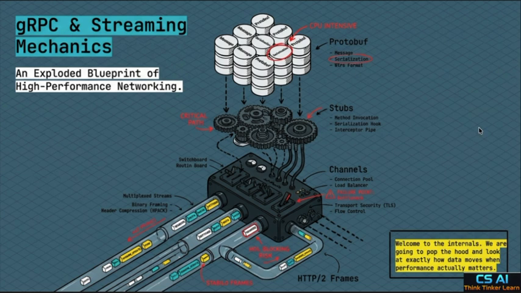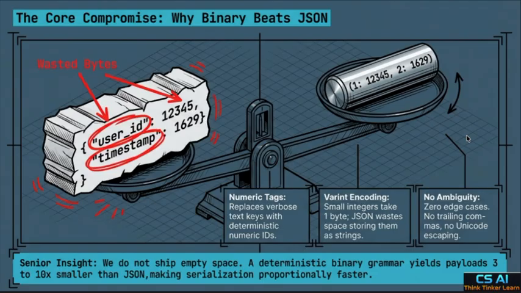So let's get under the hood for gRPC. The core reason gRPC is so performant is it has moved from text to binary. In a standard REST API, we waste bytes on verbose text keys like user ID, timestamp, and so on. gRPC uses Protobuf, which replaces these with deterministic numeric tags.